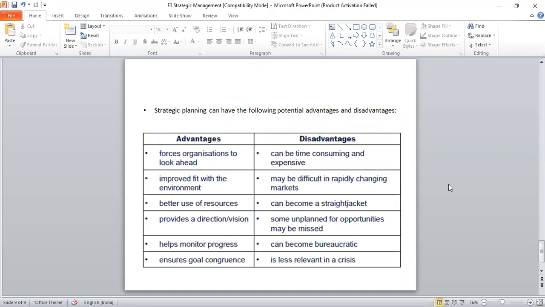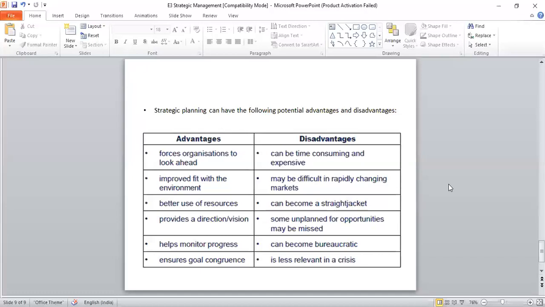When they have a plan, when they understand what will be the result of the course of action, they can better take decisions in terms of resource utilization. So resources can be allocated in such a way that they can achieve better profits.